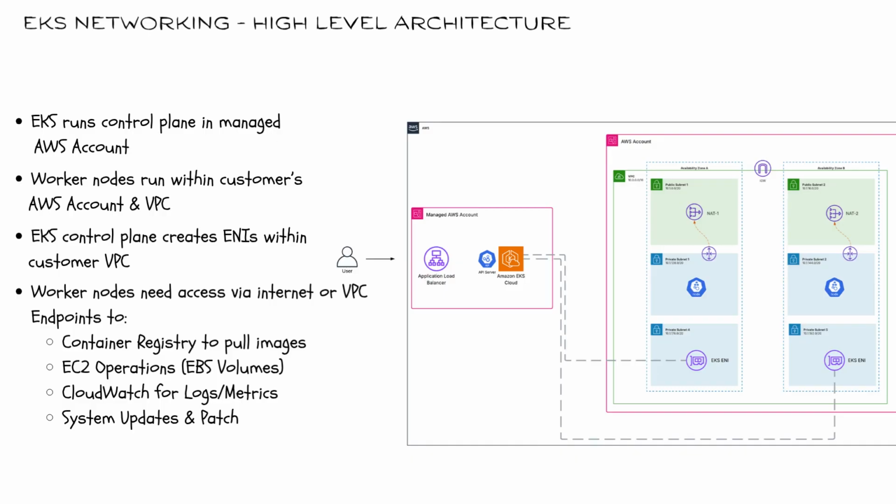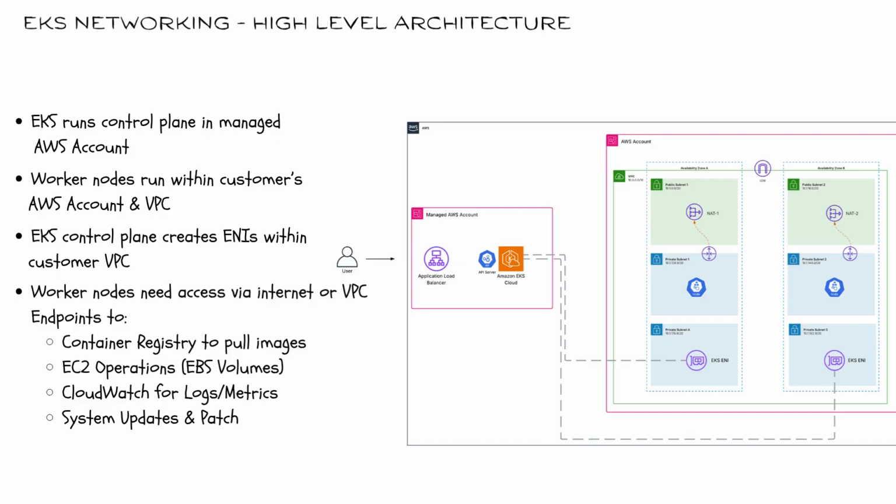For worker nodes to join the cluster, they must communicate securely with the Kubernetes control plane. To facilitate this, AWS creates control plane ENIs in your account which enable the communication between the control plane and your worker nodes.